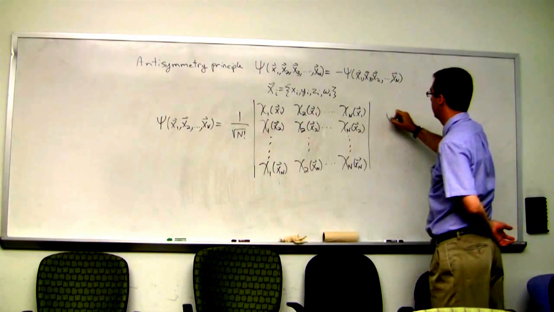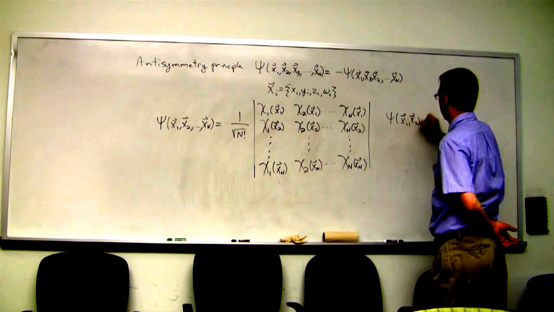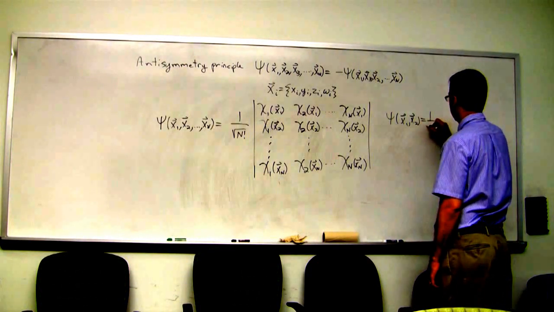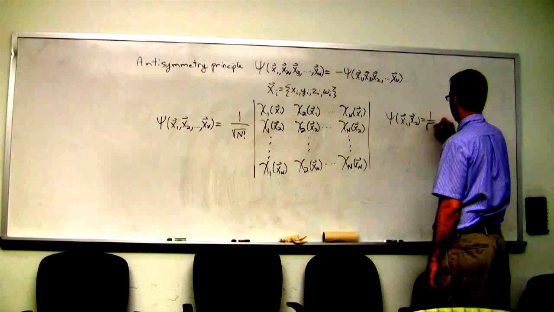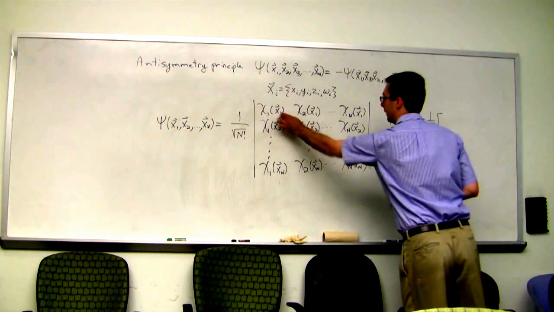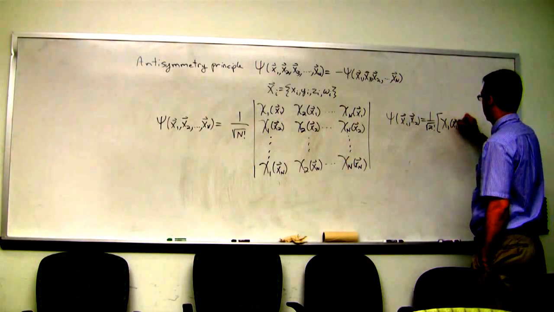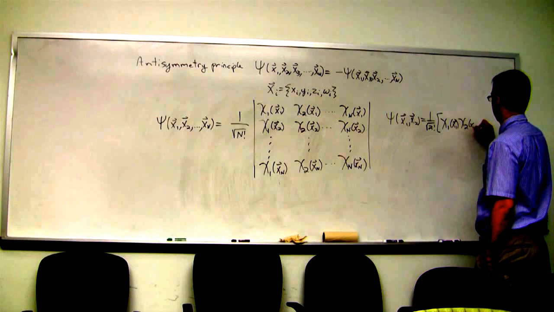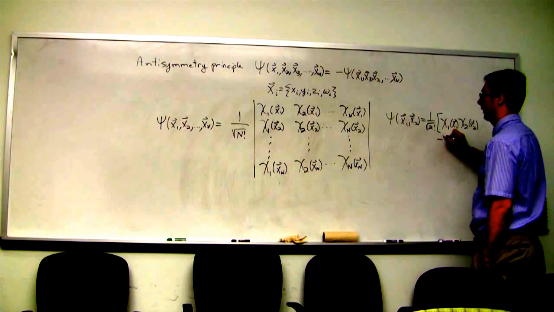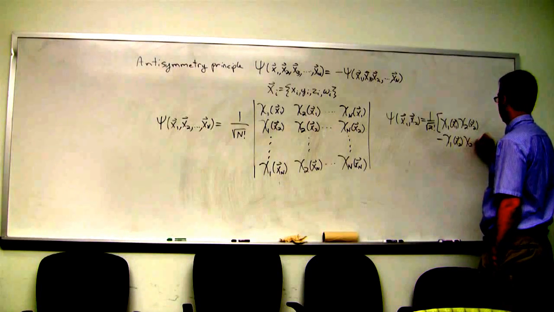So for a 2 by 2 case, this is x1, x2 would be 1 over the square root of 2 factorial, multiplying this times that, I'd get chi1 of x1 times chi2 of x2 minus chi1 of x2 chi2 of x1.